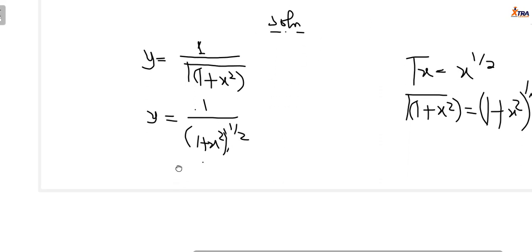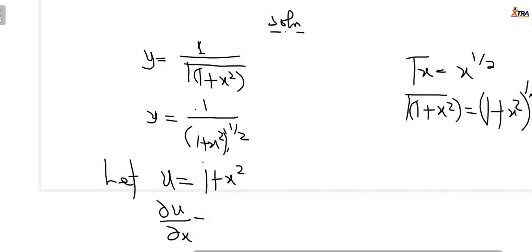Now we say, let u equal 1 plus x to the power 2. Then we find the derivative of u with respect to x. This is a constant, 0, plus 2x to the power 2 minus 1.